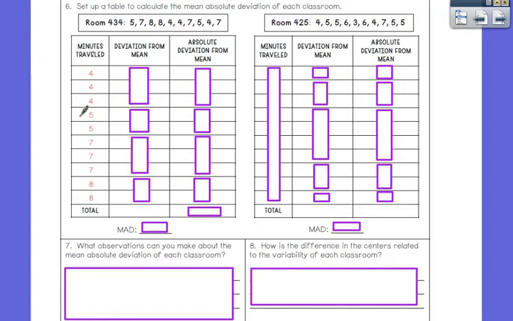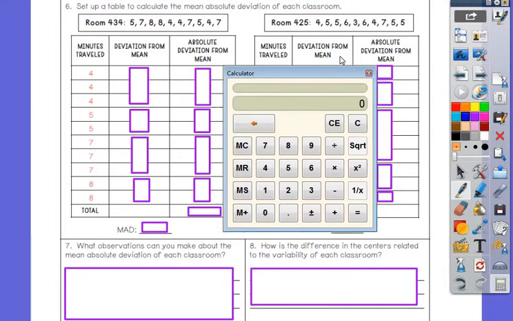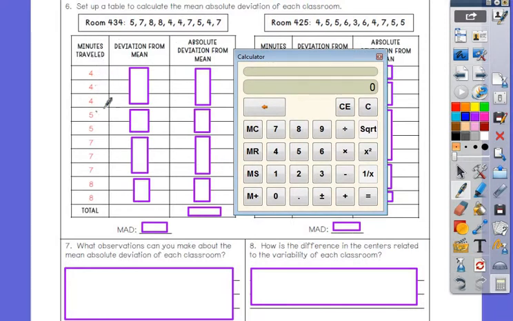I must first find the mean of this data, so I'm going to need my calculator. I need to add up all of those. So 4 times 3 is 12. 5 plus 5 is 10, so plus a 10, plus 7 times 3 is 21, plus 2 sets of 8 is 16.